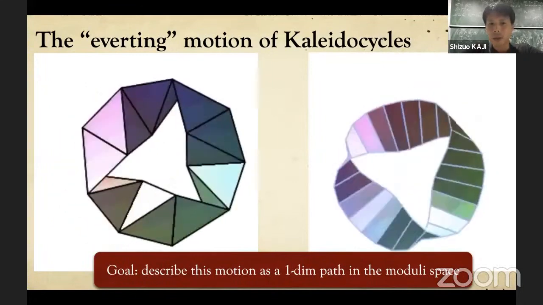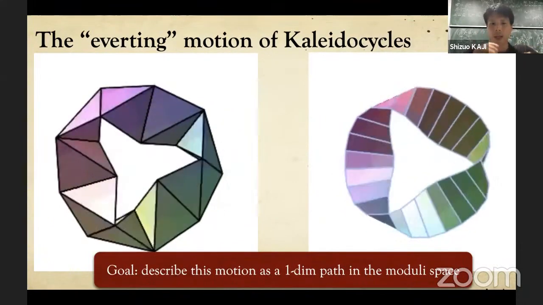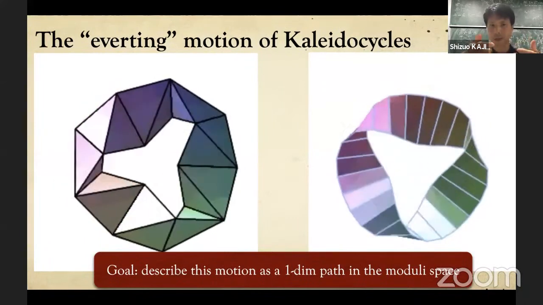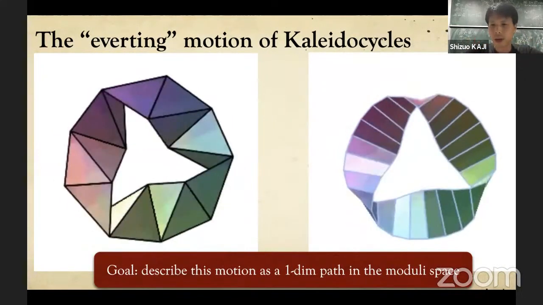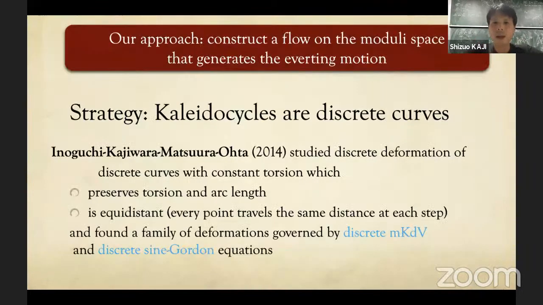Now I want to analyze this turning over motion, rotating motion, or everting motion of Kaleidocycles. As I said before, Kaleidocycles are identified with discrete space curves. And how about its motion? Its motion is identified with the so-called isoperimetric deformation of the space curve.